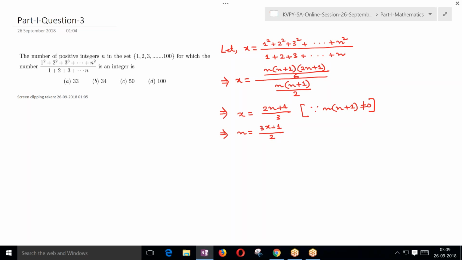Now what is the value of n? The value of n is from 1 to 100. So that means we can write 1 less than or equal to n less than or equal to 100.